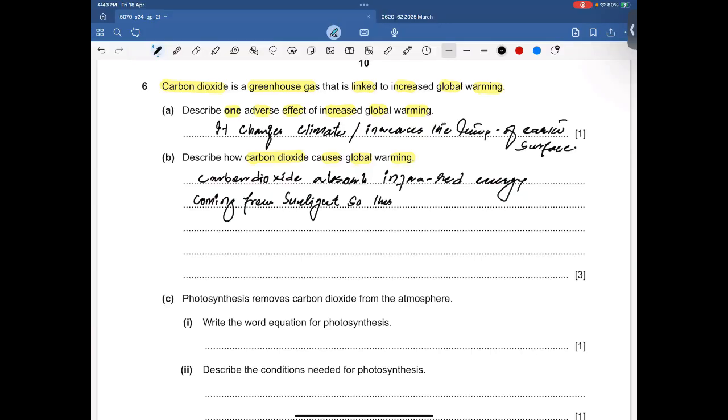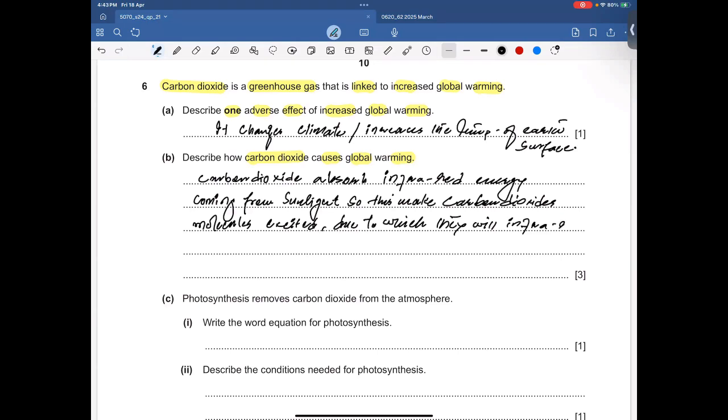So this makes carbon dioxide molecules become excited, due to which they will lose infrared radiations in the form of heat in the lower atmosphere.